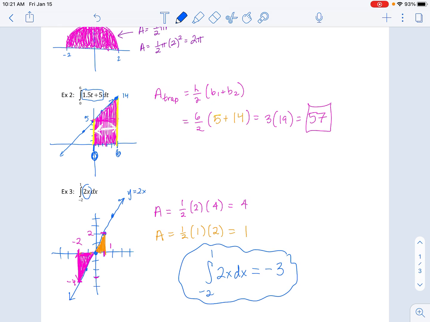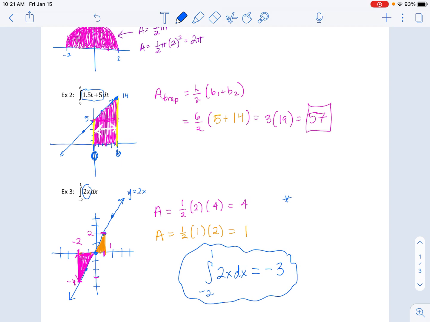The reason is that the pink triangle counts as a negative integral. We never want to talk about the area of that pink triangle as being negative, but because it's situated below the x-axis, it counts as a negative integral.